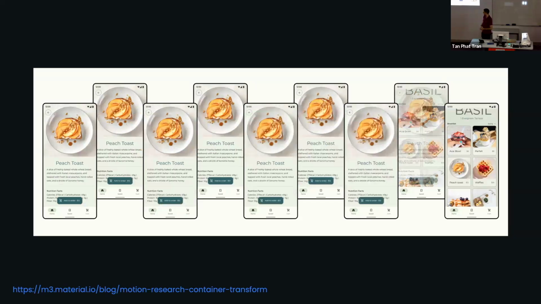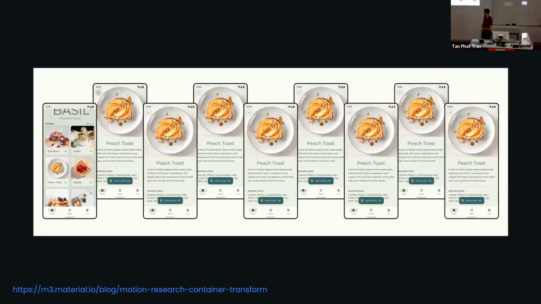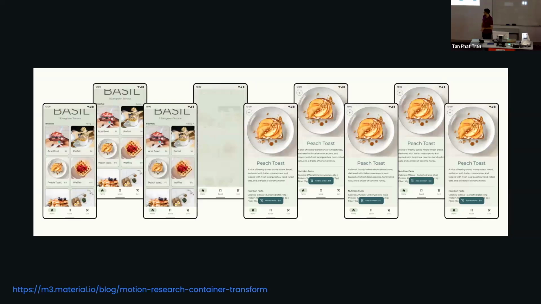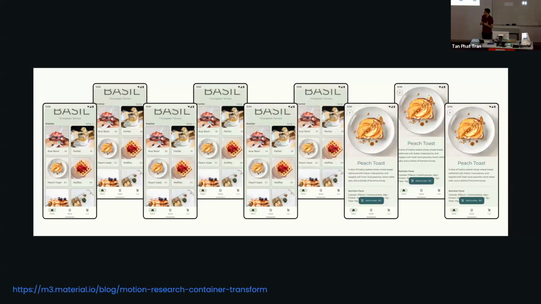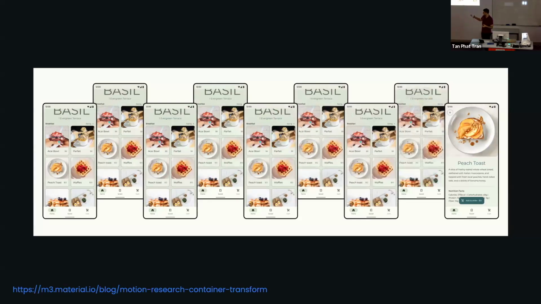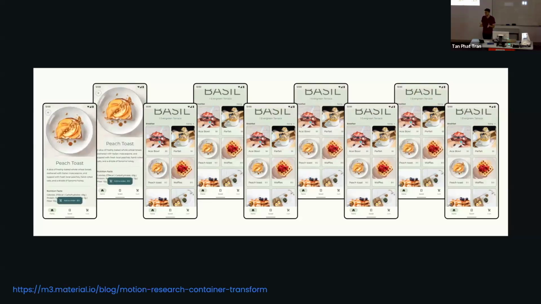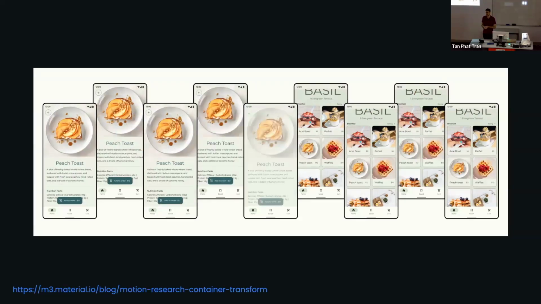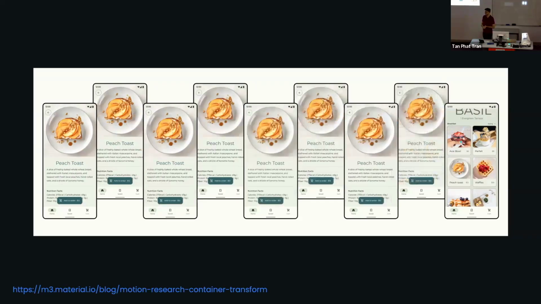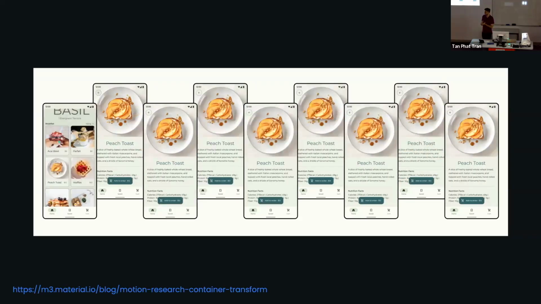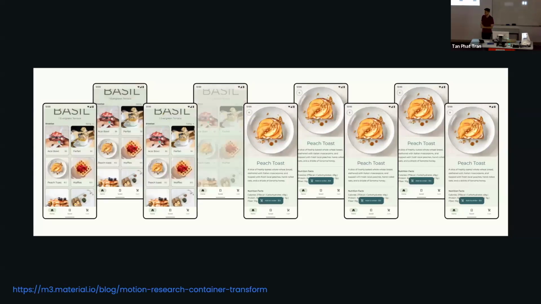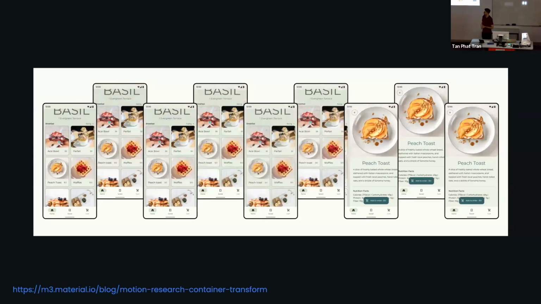They preferred the container transform transition, it's called. Later blogs or guidance from Material 3 are saying use that sparingly, don't put it everywhere in your app. And most of the research around this says to keep it fast and simple and don't try to make it too expressive.